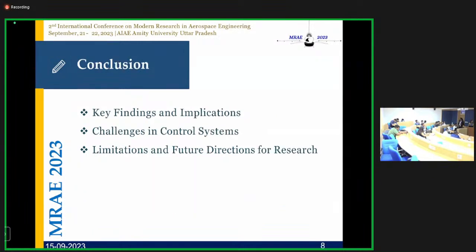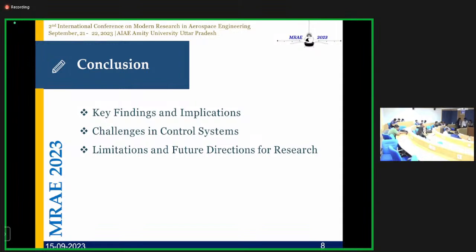Then there is the conclusion. In this comprehensive exploration of control systems in unmanned aerial vehicles, several key findings and implications have emerged. Like I have discussed already, the applications, the challenges and the advancements. Firstly, control systems are essential components that enable precise and stable flight.